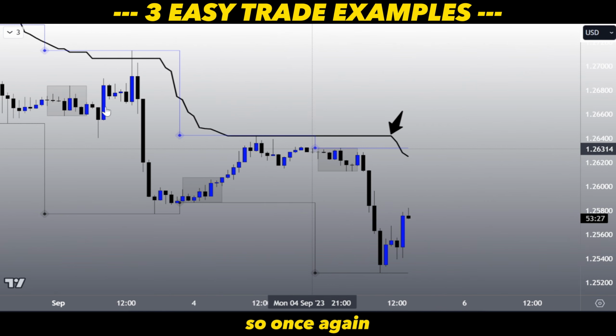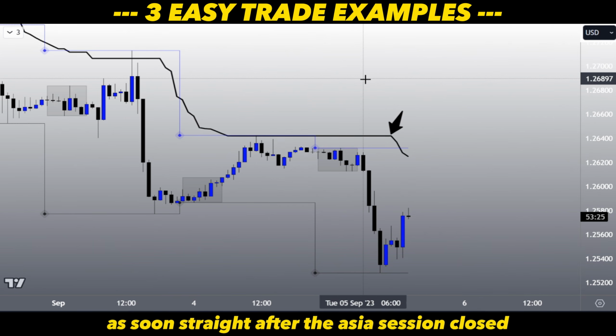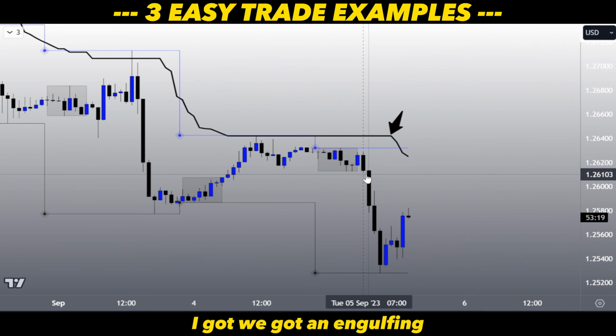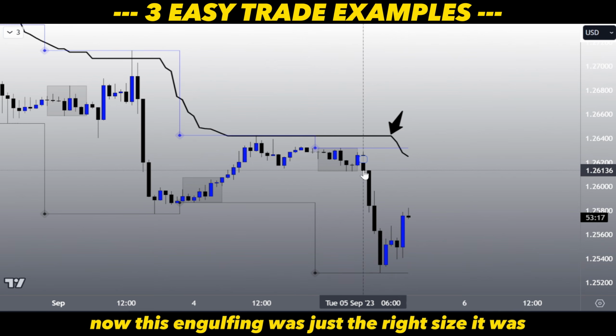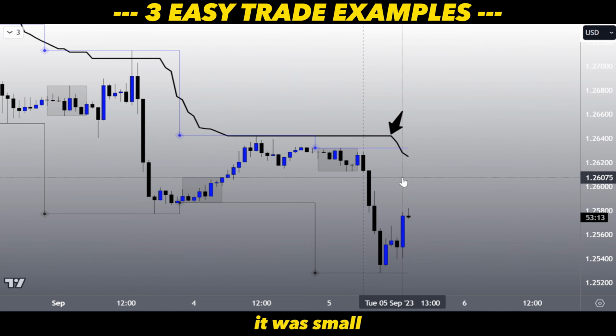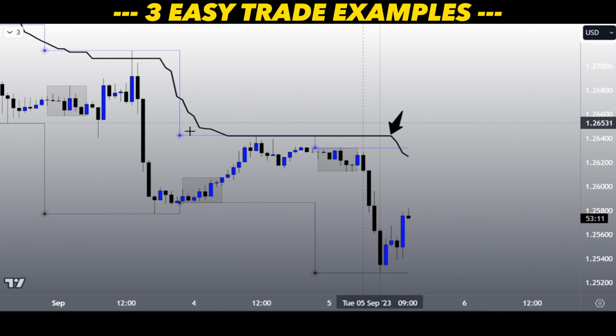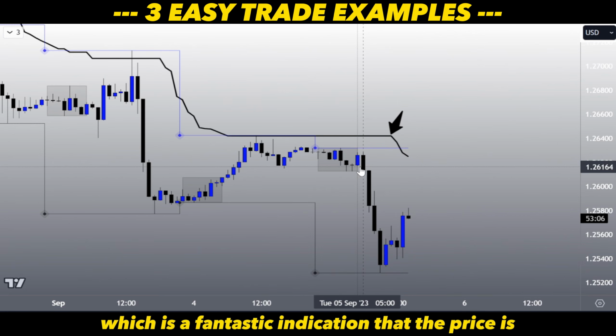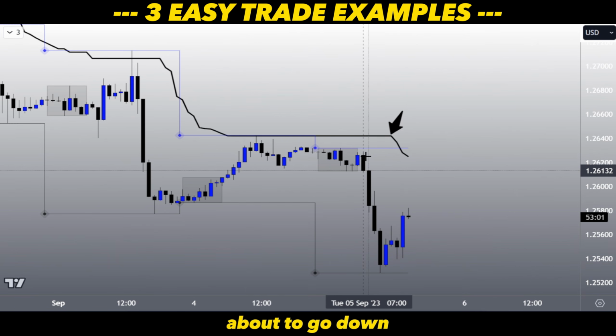So once again, straight after the Asia session closed and the London session opened, we got an engulfing. Now, this engulfing was just the right size. It was small, yet it fully engulfed the previous bullish candle, which is a fantastic indication that the price is about to go down.